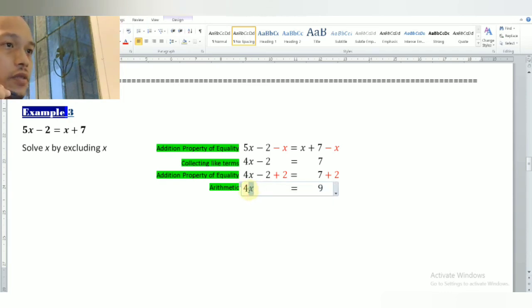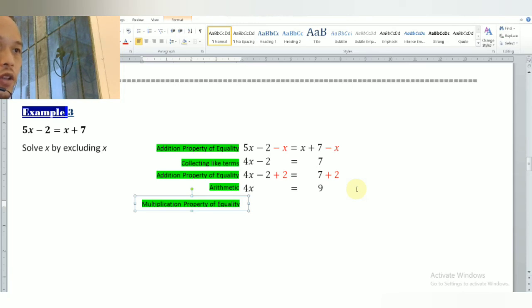I still have the x not exclusive. There's still 4 as its multiplier. So how to get rid of 4? It is by multiplying by its multiplicative inverse. So I'm doing the multiplication property of equality. It means when I multiply or divide something on the left member, I have to do the same on the right member.